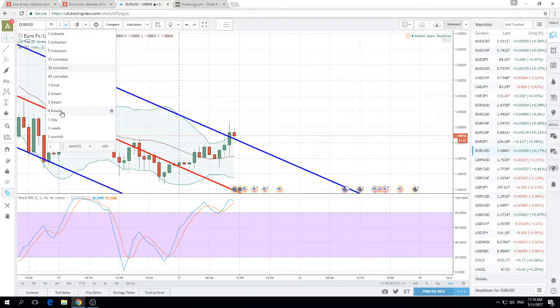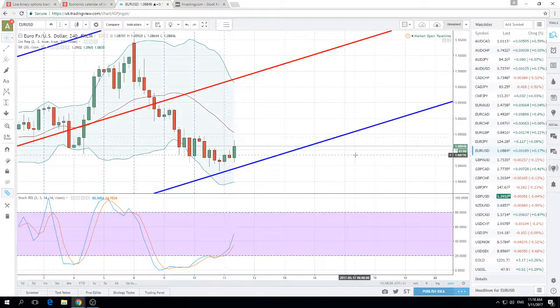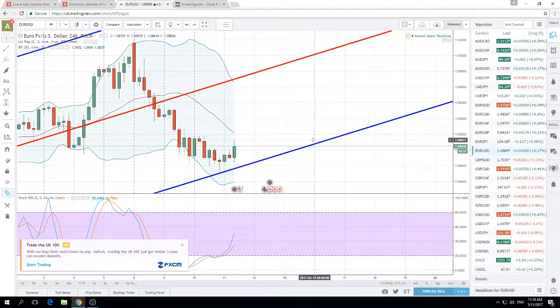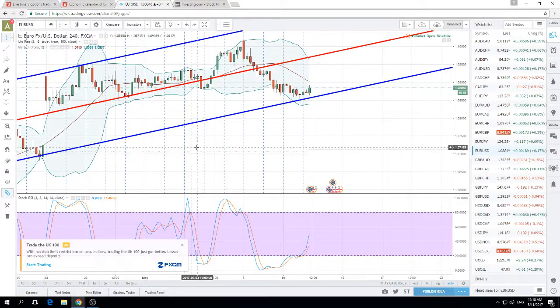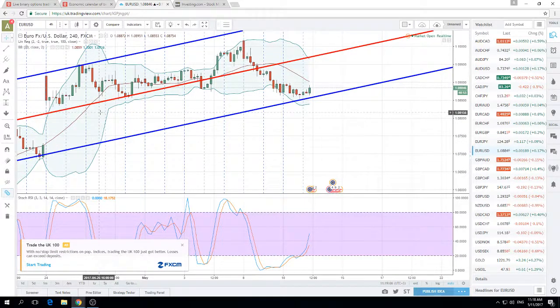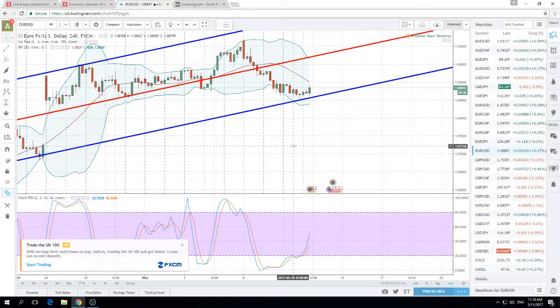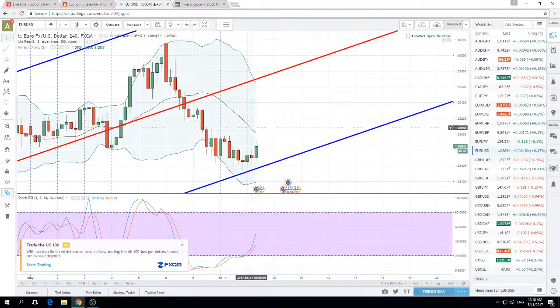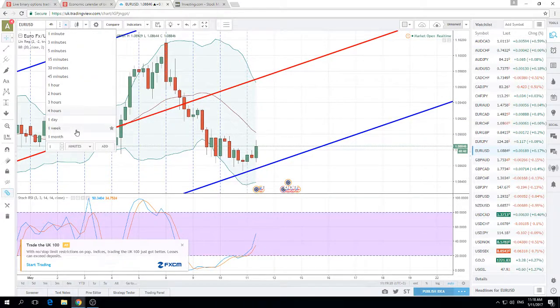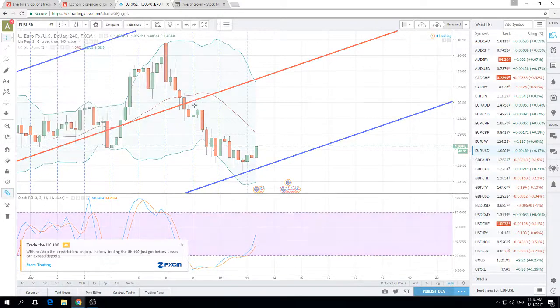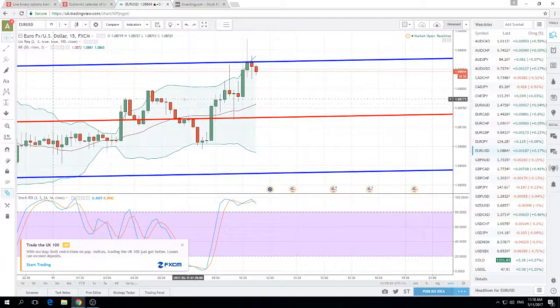Let's check 4 hours. Well, the 4 hours time frame is not that optimistic to the American dollar. So here is a high probability of the up movement within like 4 hours. So I wouldn't recommend to enter for more than 1 hour or even 30 minutes here.